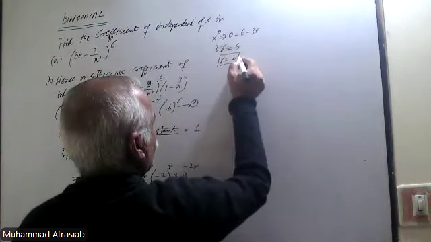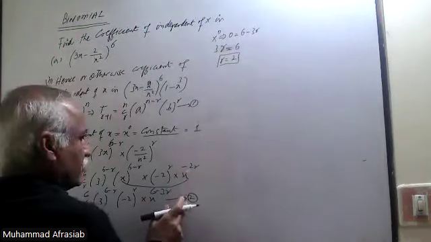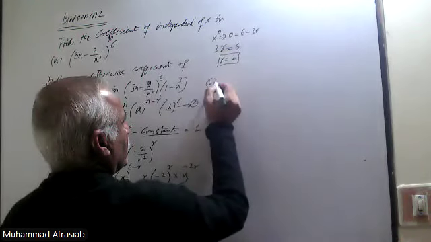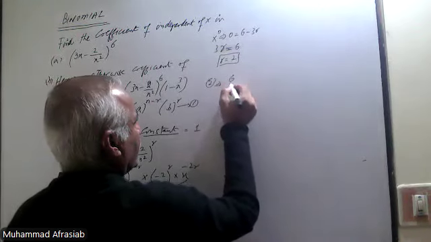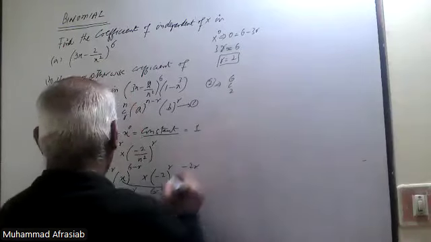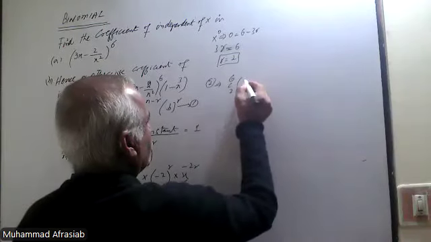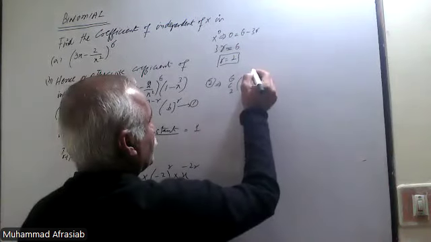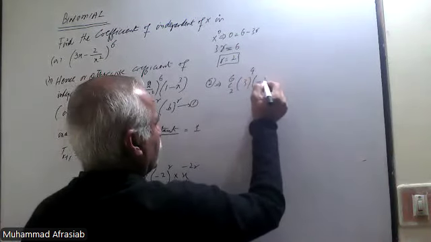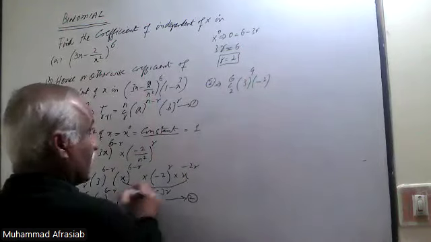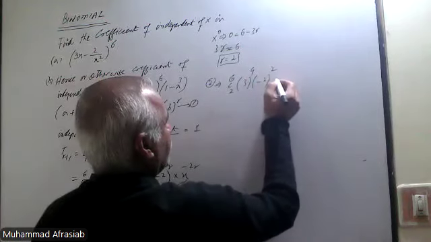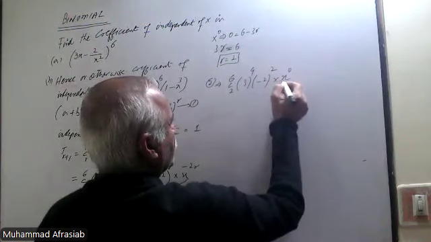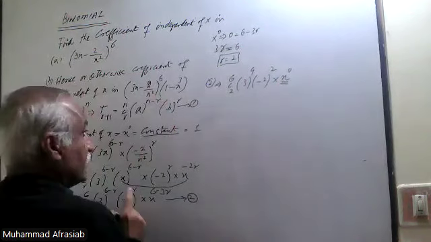So we can put 2 in this place of r. It will become 6C2, 3 power 6 minus r, that is 6 minus 2 is 4, into minus 2 power r, that is 2, into x power 0, because this will become x to the 0.